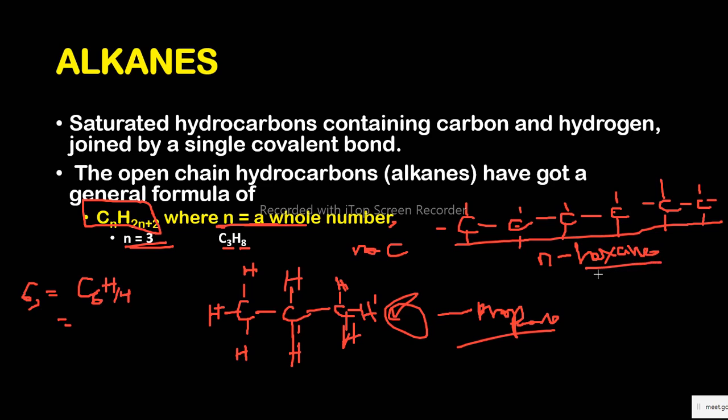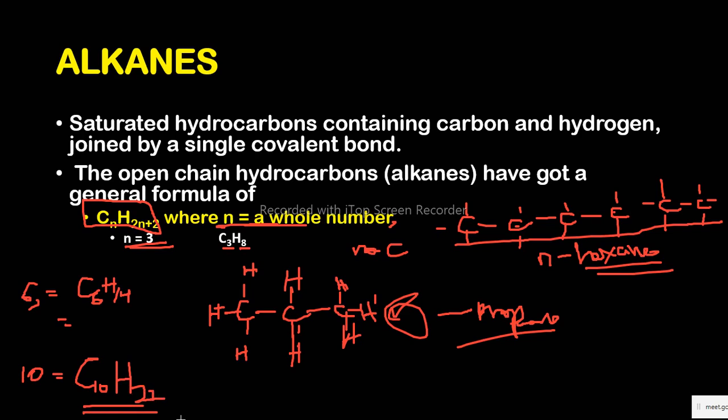If the number of carbon atoms is maybe 10, then this becomes C10H2n, which is H20, plus 2, which is 22. And this is going to be your normal decane.